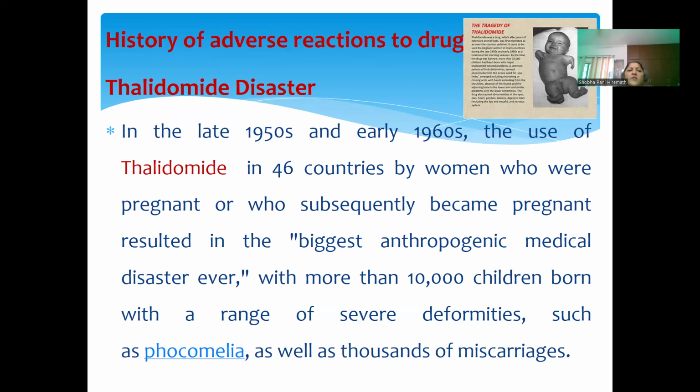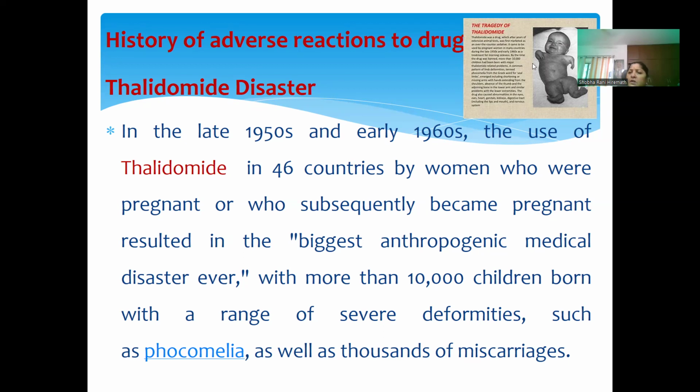Now, what does the history say about the ADRs? There was the infamous thalidomide disaster in the late 1950s and early 1960s, when thalidomide was used in about 46 countries by pregnant women for morning sickness. It resulted in the biggest disaster ever in the world, with more than 10,000 children born with a range of severe deformities.